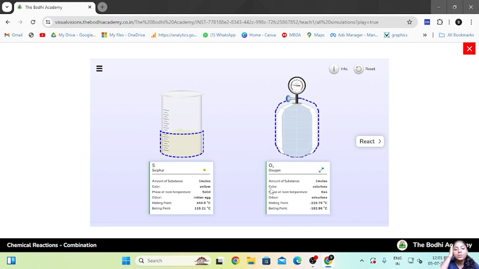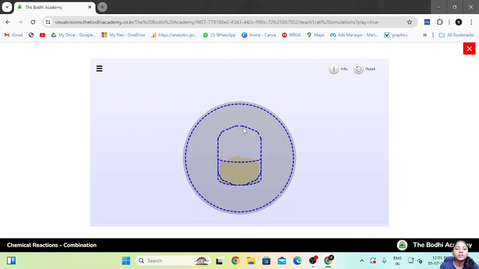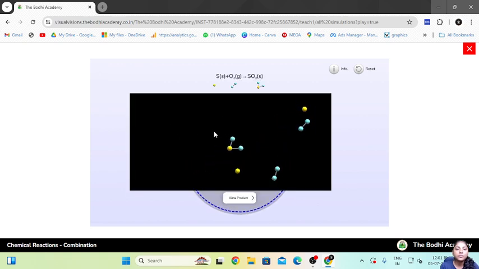Now oxygen, as we know, is colorless. Then it is at room temperature in gaseous state, and it is odorless. So let us react these two reactants. So with sulfur and oxygen we will get this product as sulfur dioxide.